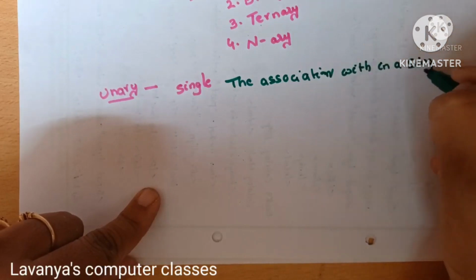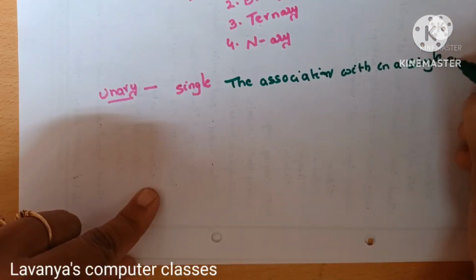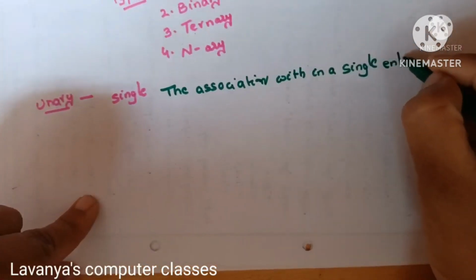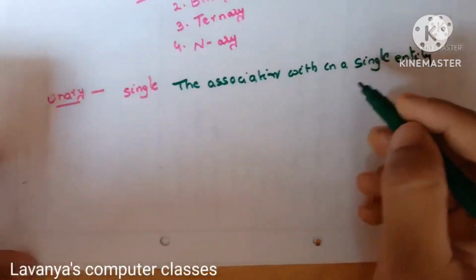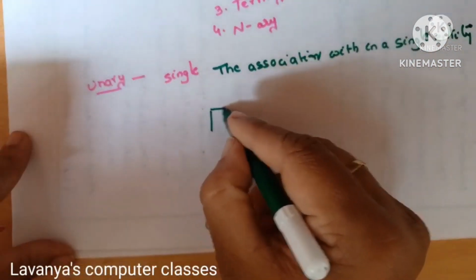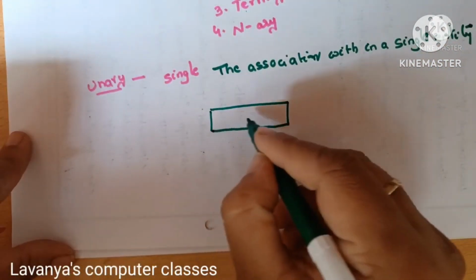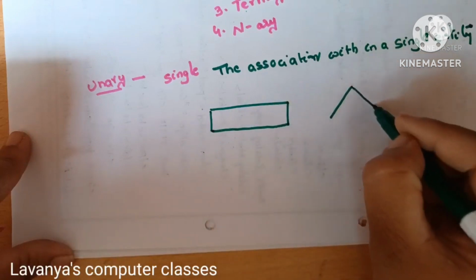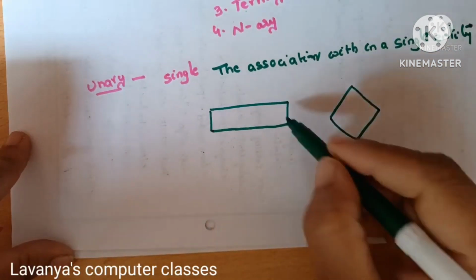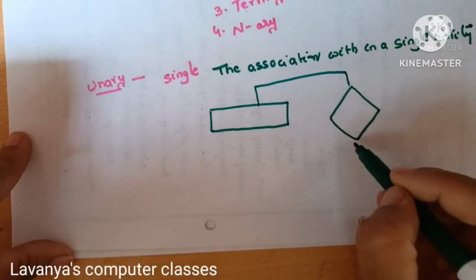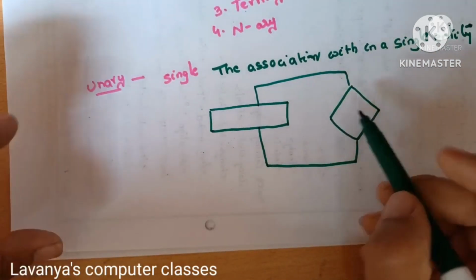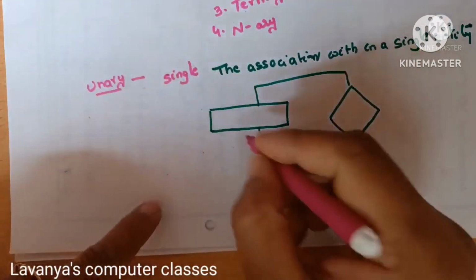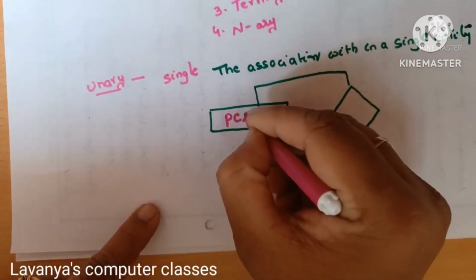You are maintaining a relation with only one single entity set. Here, this is the entity set. In the previous video I already explained, the rectangle box is for entity set and the diamond box, the rhombus, is for relationship. So here, the relationship is within only one entity set.